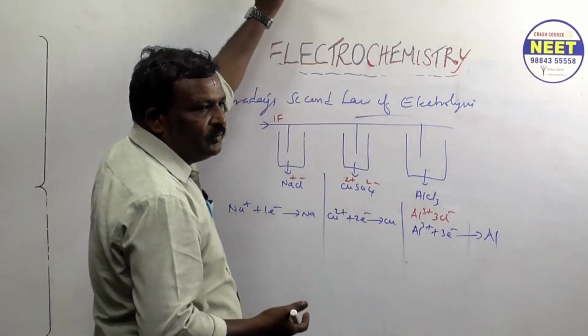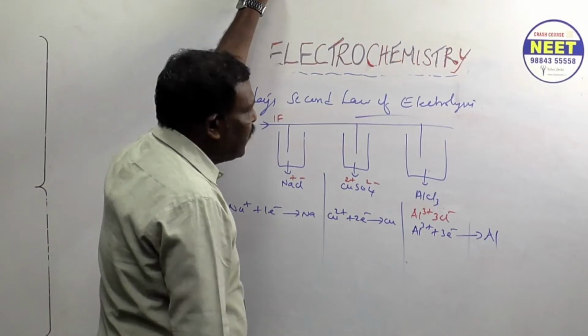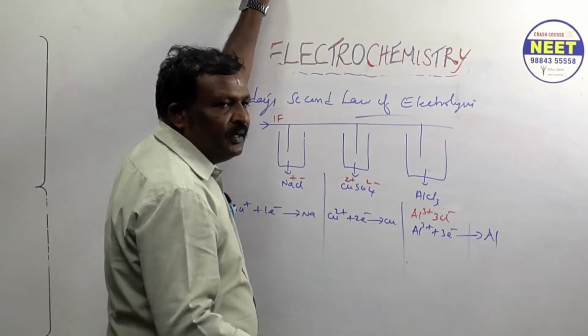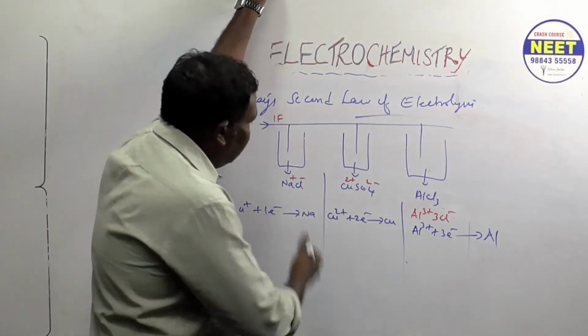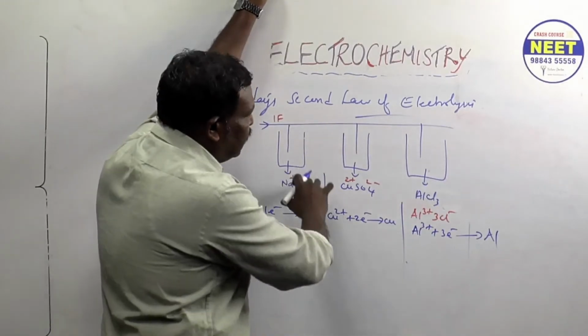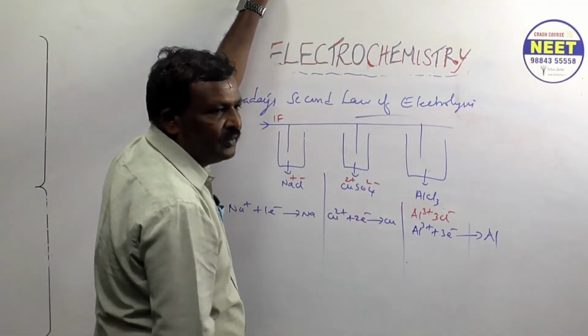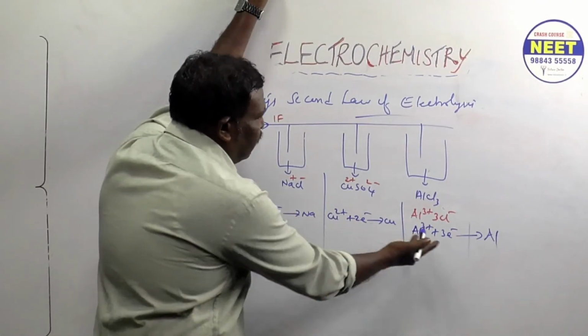The teacher is same, NEET examination is same, subject is same, but the marks obtained will be different. That's the best example. We are taking different electrolytes, passing the same current, but the substance deposited at the electrode will differ, because sodium ion, copper ion, aluminum ion are all different.